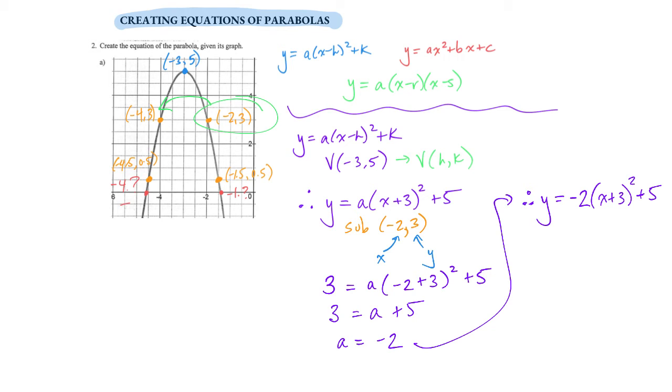What you're going to get is just confirmation. Keep in mind that those 2 points, the points that are directly across from each other, are mirror images in the axis of symmetry. So, as soon as I forced my parabola to go through the point (-2, 3), well, then I also forced it to go through (-4, 3).